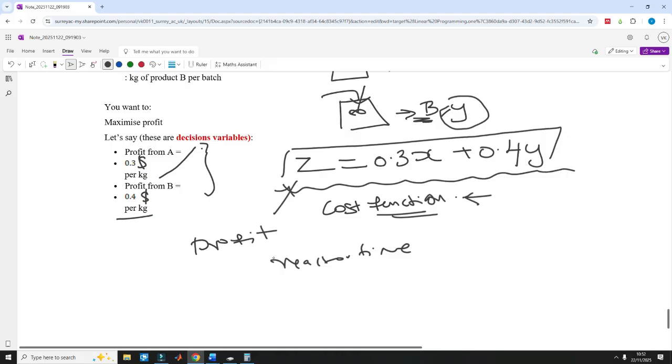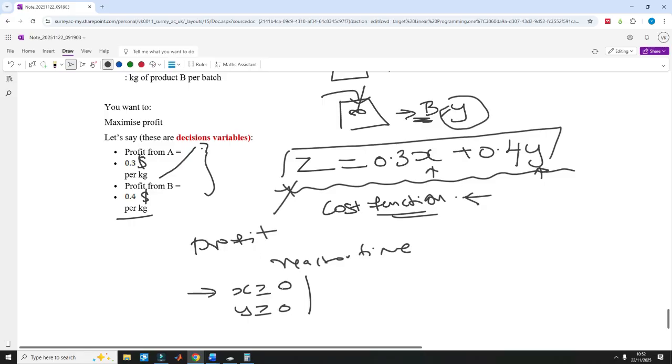In LPP, one thing you have to assume by default is x greater than or equal to 0, y greater than or equal to 0. This means you are producing at least some amount of x and some amount of y. That's the meaning of that.